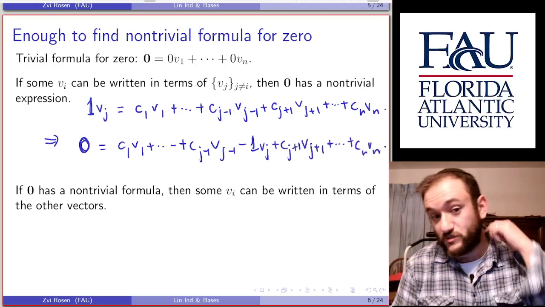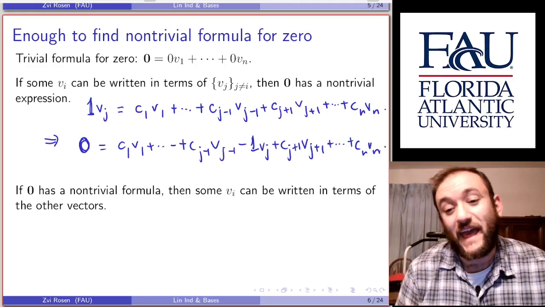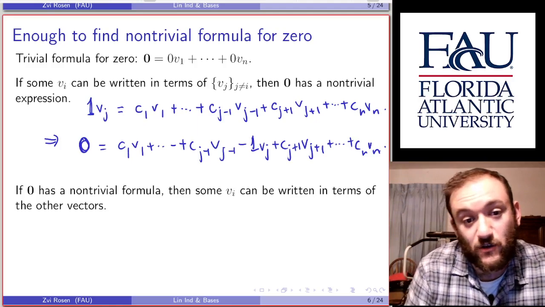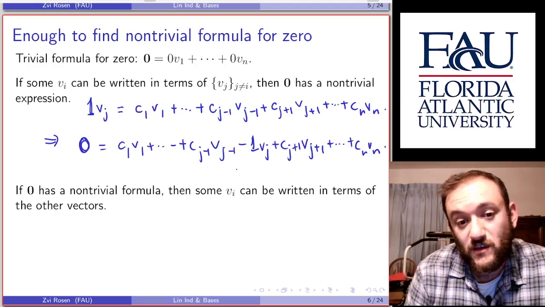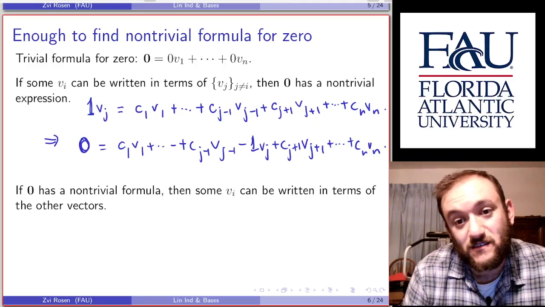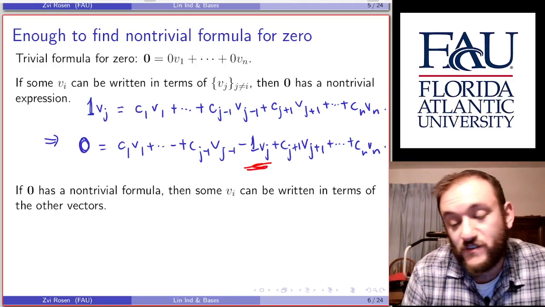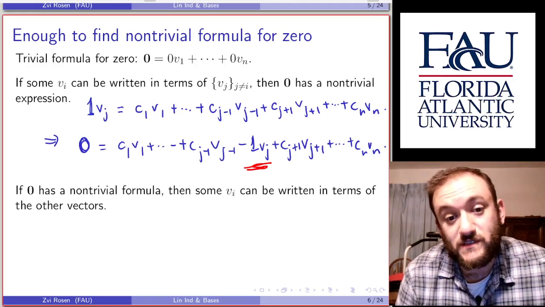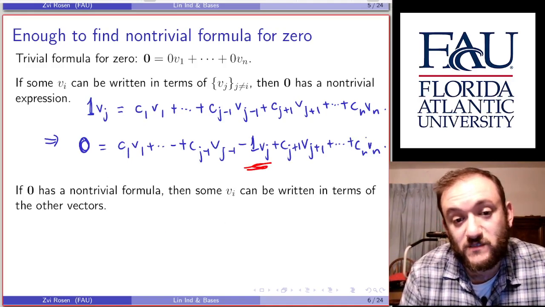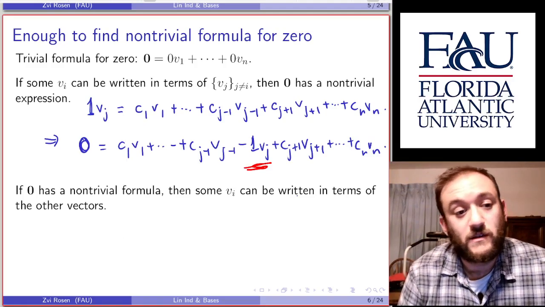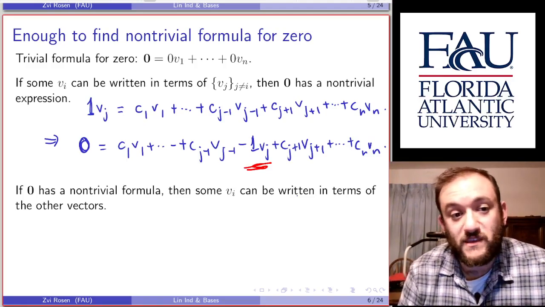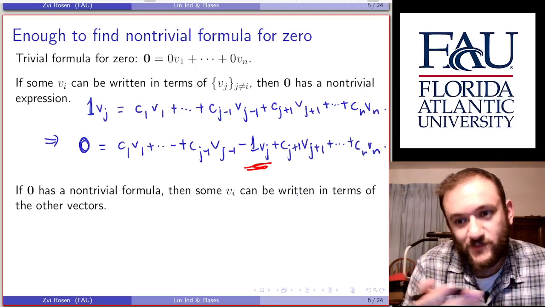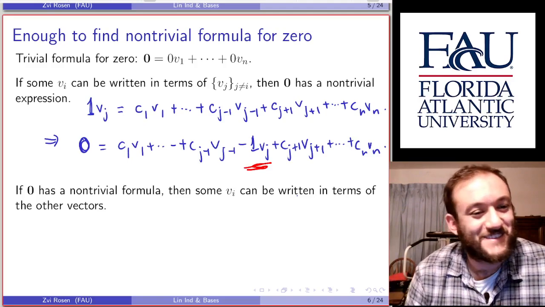So I took this alternative formulation of vj and I turned that into a non-trivial expression which is equal to 0. Okay, and I know this is non-trivial because at the very least this coefficient is non-zero, right? We know that coefficient is minus 1. So this is a non-trivial expression equal to 0, which we derive from this failure to be linearly independent, or this success in being linearly dependent, I guess.